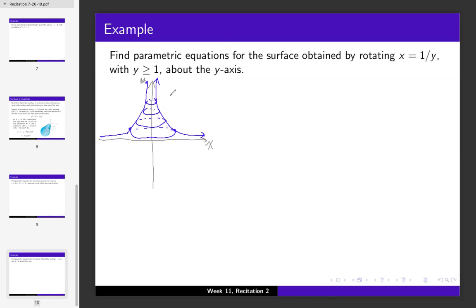Once again, we have to ask ourselves, okay, what's the distance from the y-axis? The distance from the axis of rotation, in other words, which is the y-axis, well, we can see what that distance is. It's going to be 1 over y, right? Whatever your value of y is, if y is constant, the distance is just going to be 1 over y.